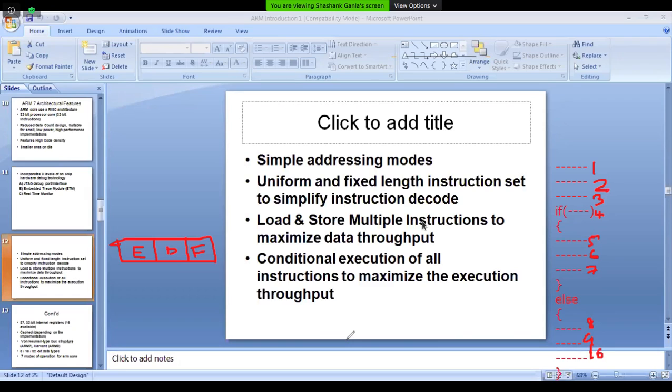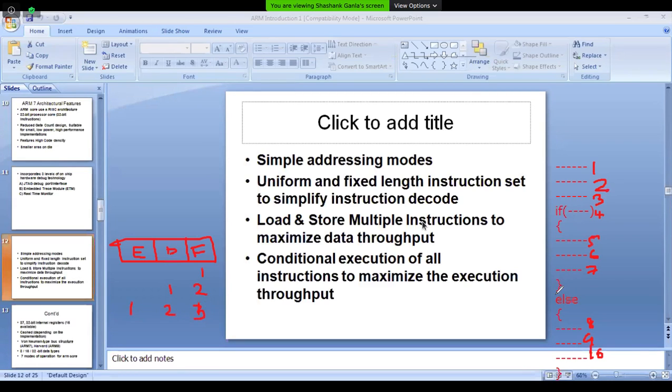If it is a normal RISC CPU where pipelining is supported and conditional execution is not supported, then first the first instruction comes into the fetch state. When the first instruction goes into the decode state, simultaneously the second instruction comes into the fetch state. When the first instruction goes into the execute state, simultaneously the second instruction goes into the decode state, and the third instruction comes into the fetch state.